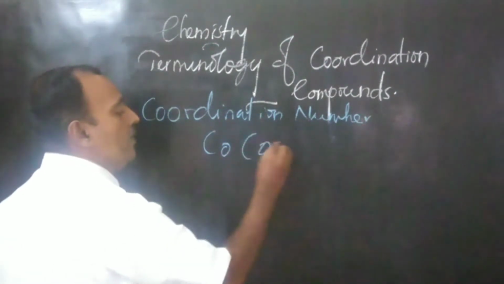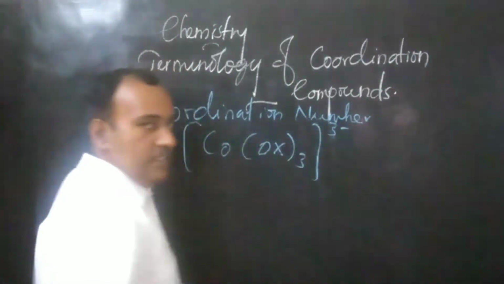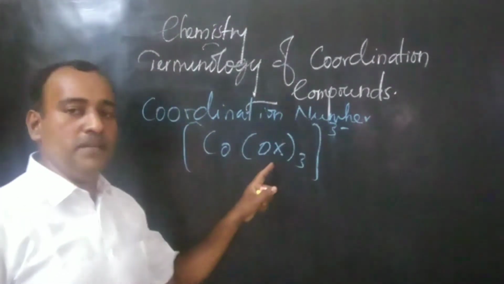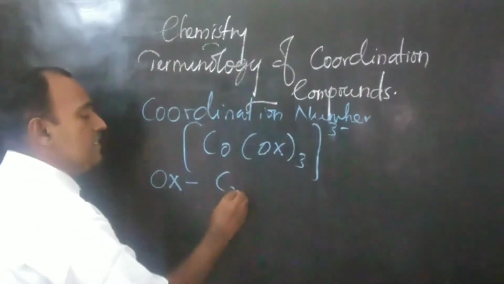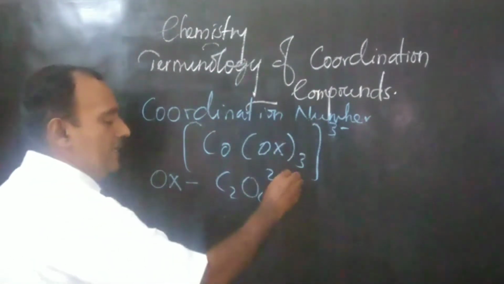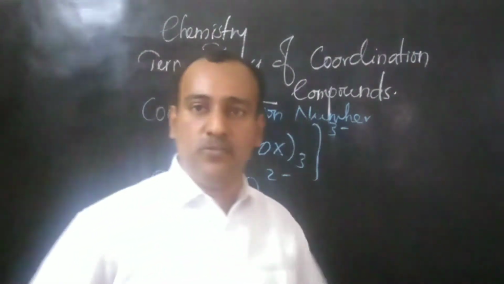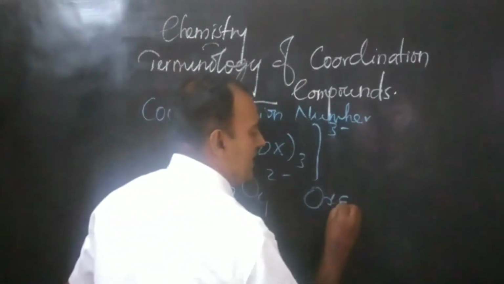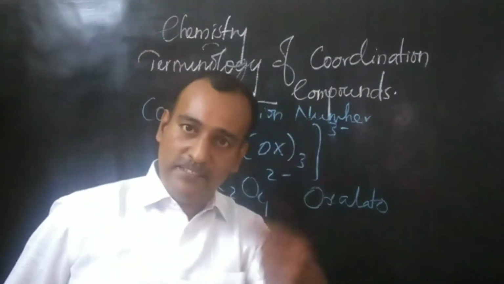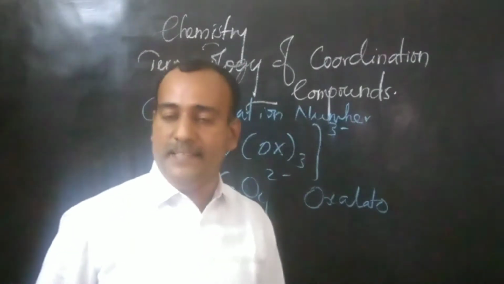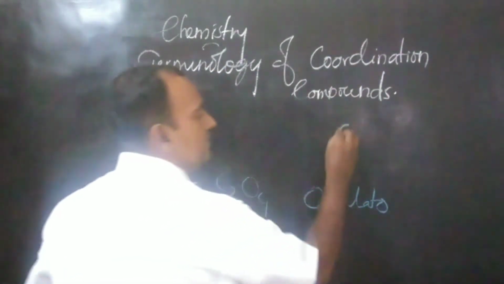Consider the complex [Co(ox)3]3-. Do you know what ox means? ox indicates C2O4 2-. The name of the ligand is oxalato. Oxalato is another didentate ligand. Here, the central metal atom is cobalt.